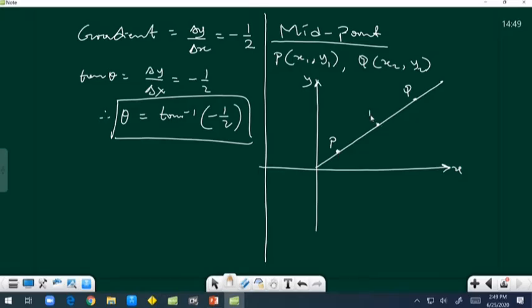Here is the center, which is M. If we consider this to be the center, we draw and complete this, and we have this point as the midpoint. The coordinates of this point are xm, ym. That means at this point here is xm, and this point here is ym.